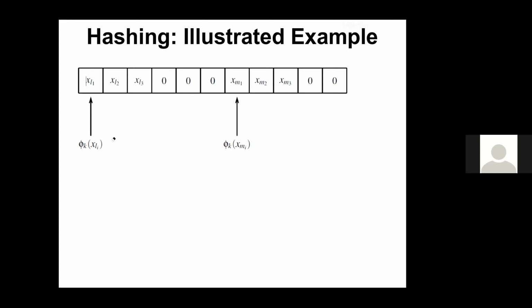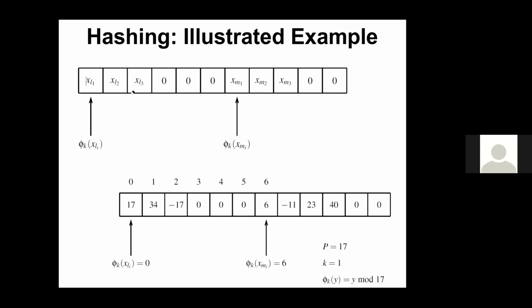When you have a value of the hash function, which is this, then it will start storing all the xli with this value of the hash function, one after the other from left to right here. And then you have some other value of the hash function for some other xmi, then you will store them here. So all these xm1, xm2, xm3 have the same value of the hash function. xl1, xl2, xl3 also have the same value of the hash function. And they are stored starting from this entry from left to right.